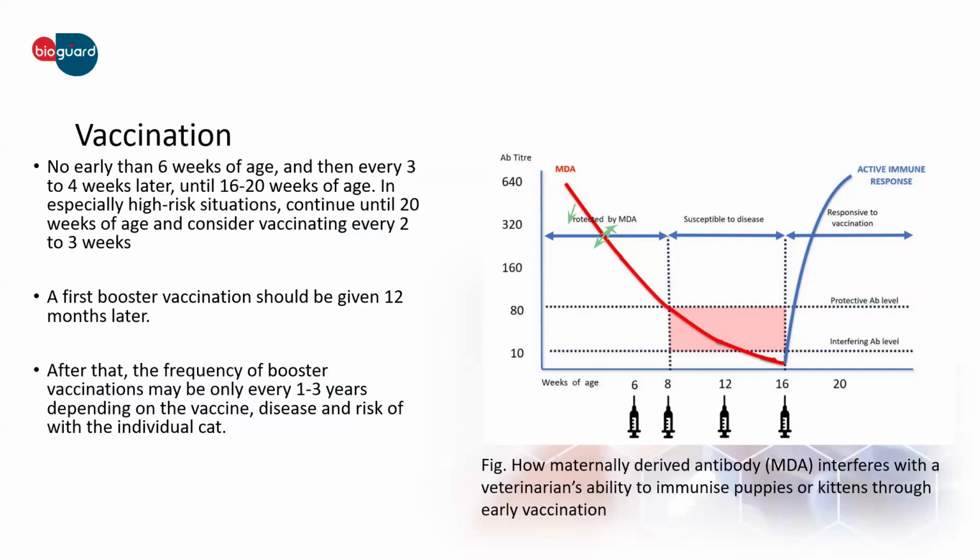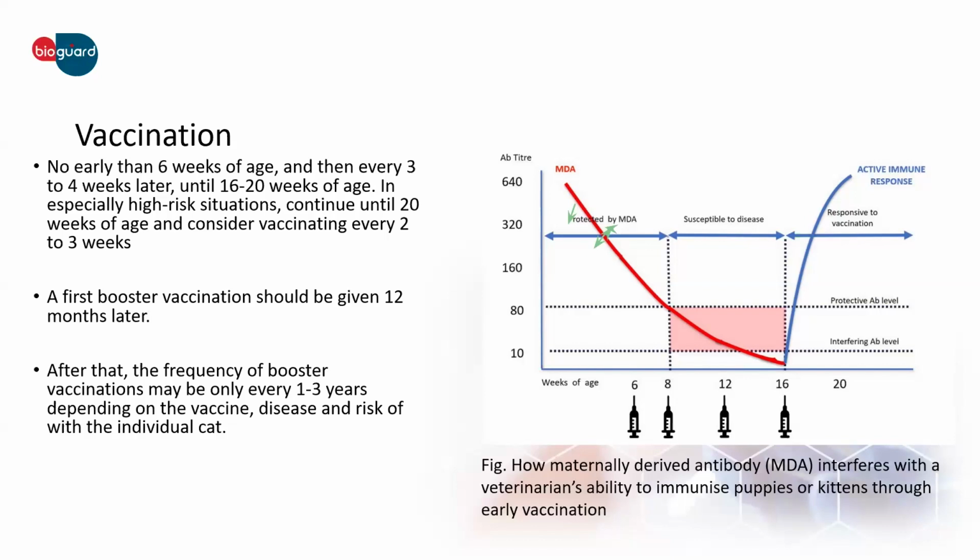Right now, the vaccination suggestion from WSAVA is not to give the pets a shot younger than 6 weeks of age, and then every 3 to 4 weeks later give another shot until the cat reaches the age of 16 to 20 weeks.